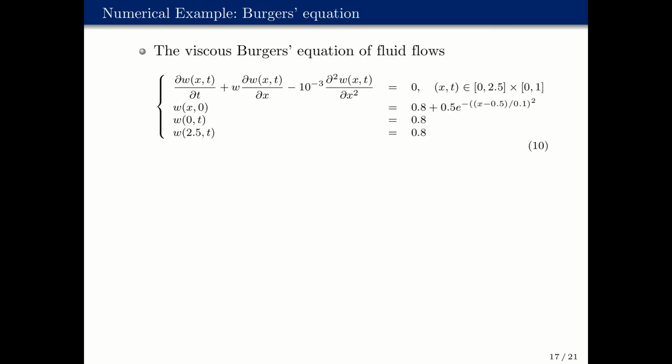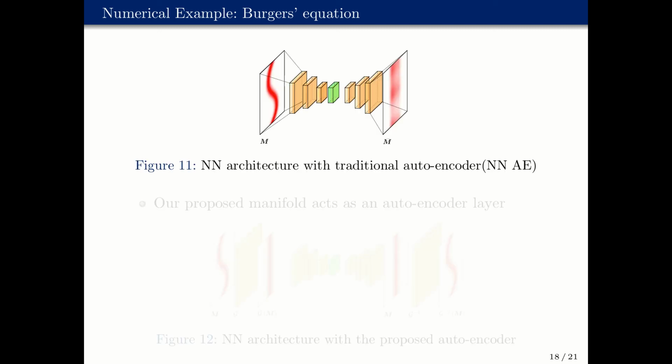As for the next example, let's now go back to our viscous Burgers' equation that I showed you, that I trained once on a neural network architecture, and we saw that it was not efficient and it was not able to predict the convection. So what I have to do to take advantage of the proposed manifolds is just to train the same network on a proposed grid.